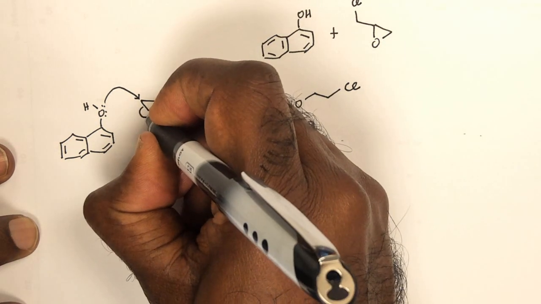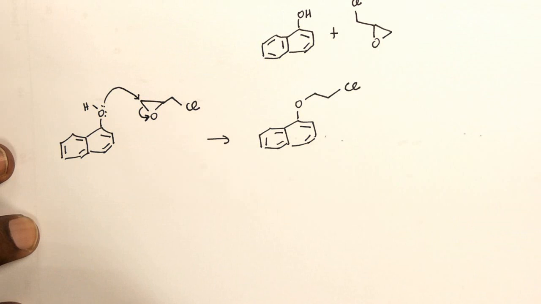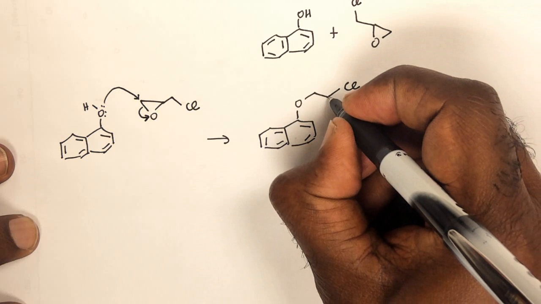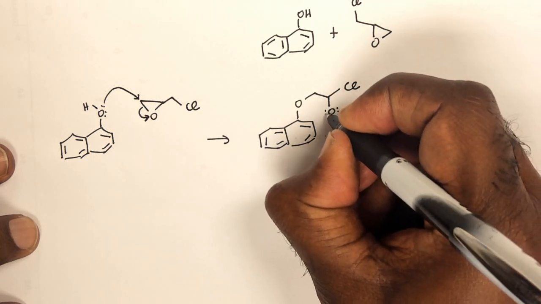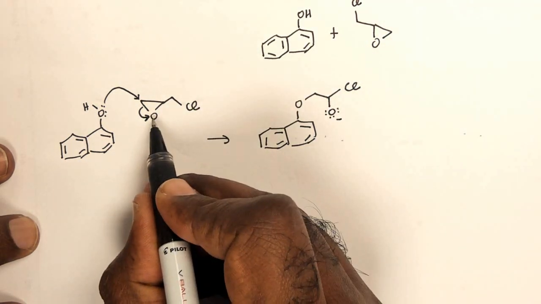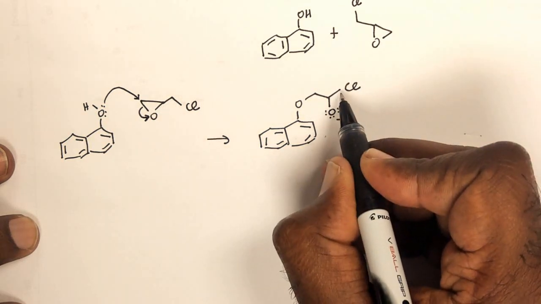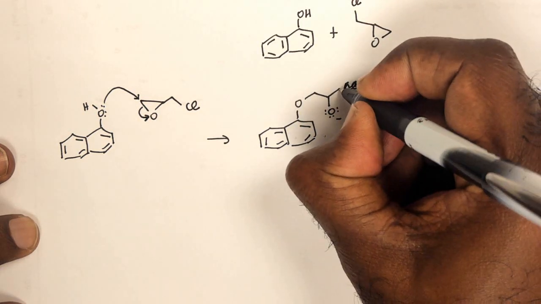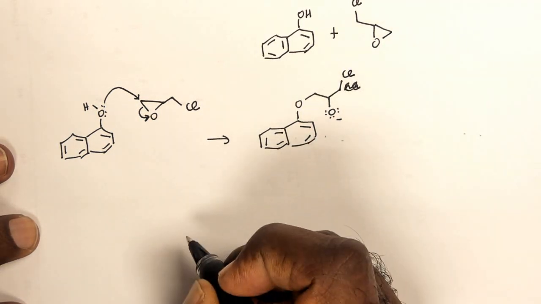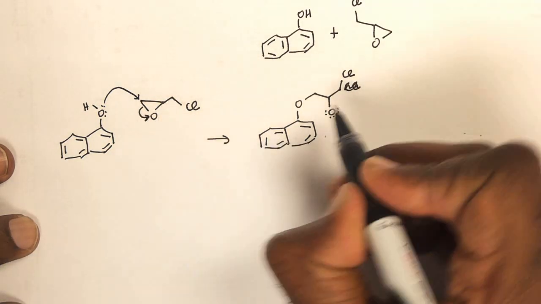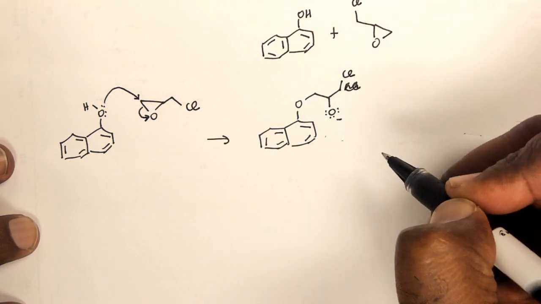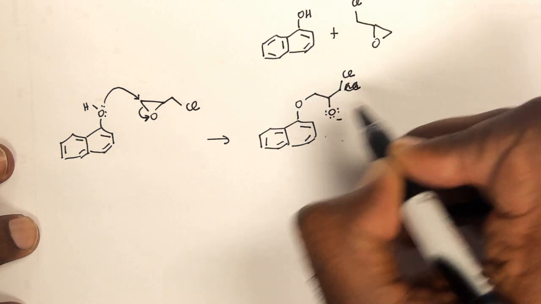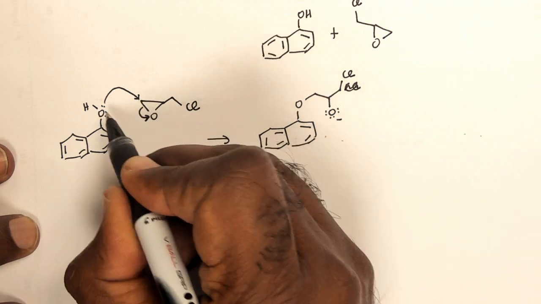When this epoxide opens up, this bond breaks, and the O- now lies on the carbon adjacent to the chlorine atom. So that's 1, 2, 3 carbons, and there's my chlorine atom here. So the carbon on the chlorine, the carbon with the oxygen, and then the carbon with the other oxygen that you can see forms that bond.